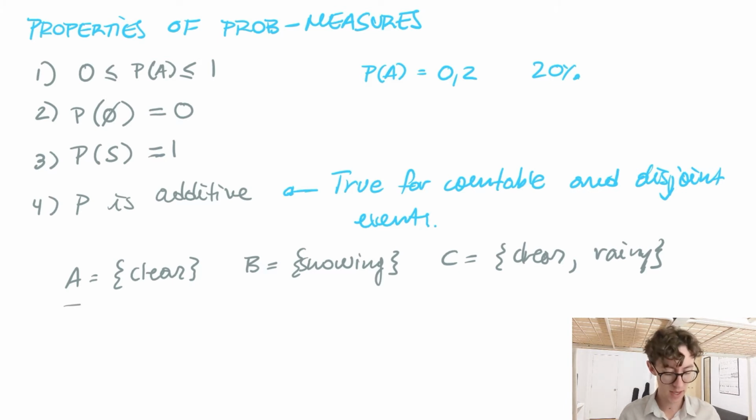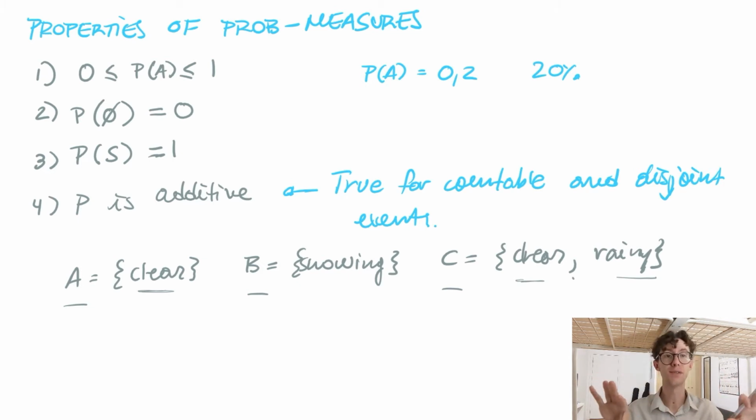I have the event A, the event B, or the event C. The event A and B, they are independent because it's either clear, A, or it is snowing, B. So we say they're disjoint. Now the event A and C, for example, these are not independent because C is either clear or rainy. And event A is clear.